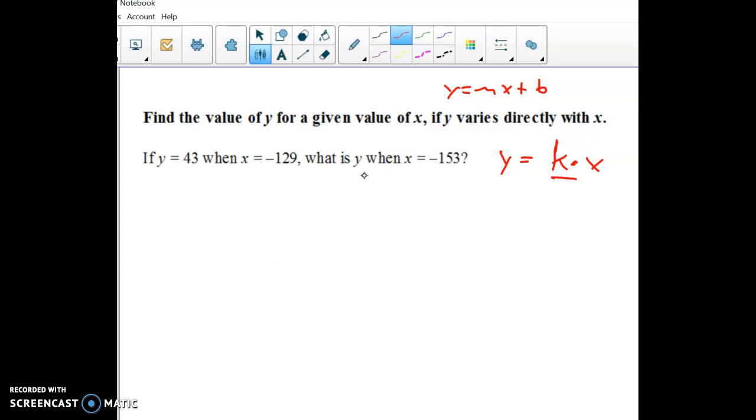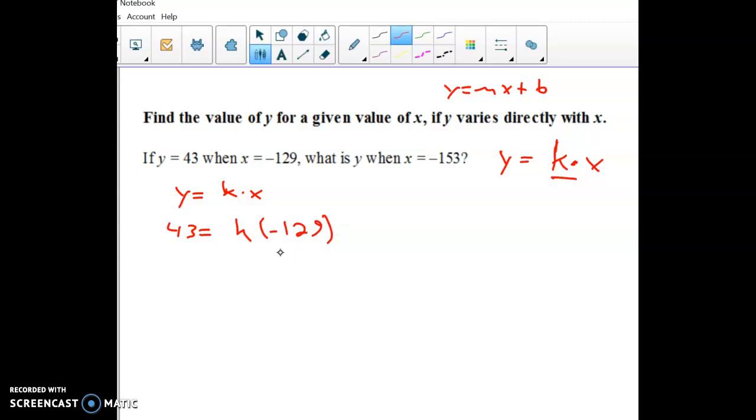Actually, there's a follow-up part here, but all right, so we're looking for some equation that's in this form, y equals kx, and we can figure out the slope because y is 43 when x is -129.